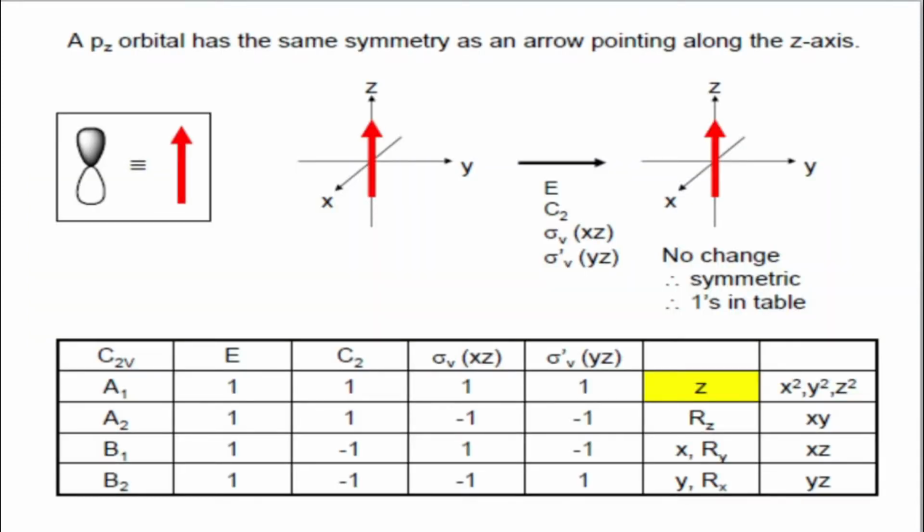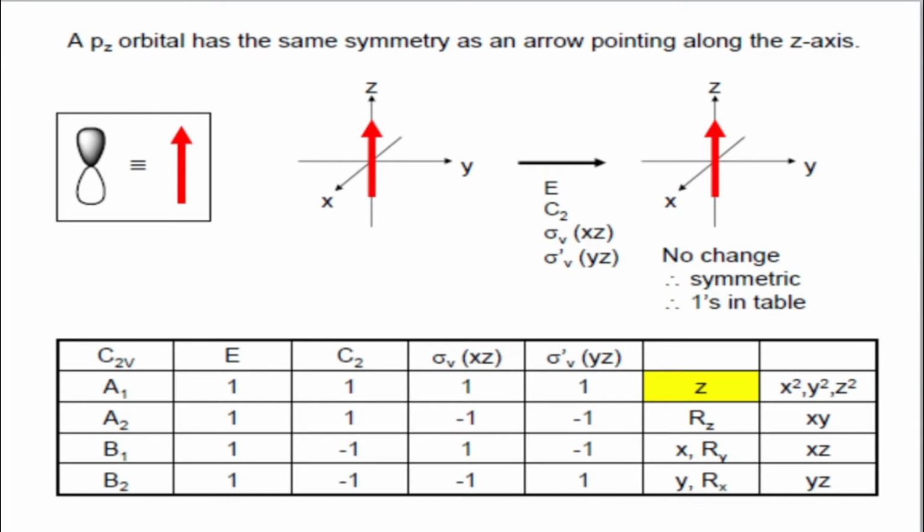Here I am representing the z orbital. See, the upper lobe, let me consider it as positive. It is the shaded portion. And the lower lobe, negative, which is represented by the white region. And a red arrow is there, which indicates the direction of the z-axis. It is just for our understanding purpose. What we need to ask ourselves is, if we perform the various operations, whether that direction changes or not.